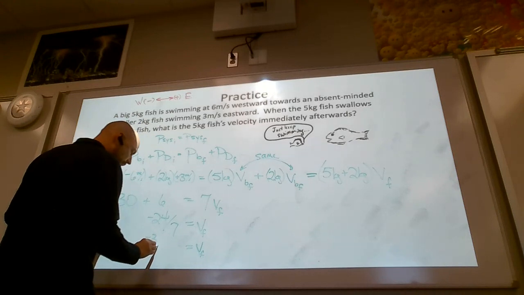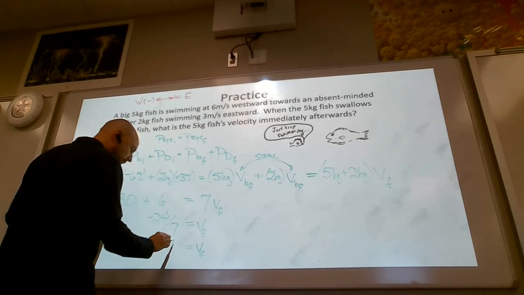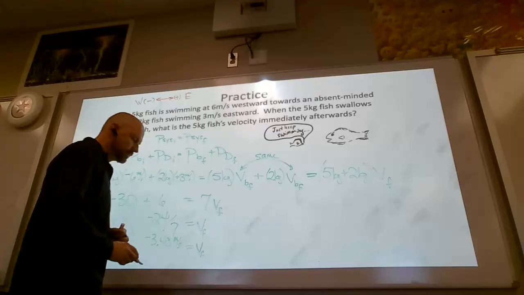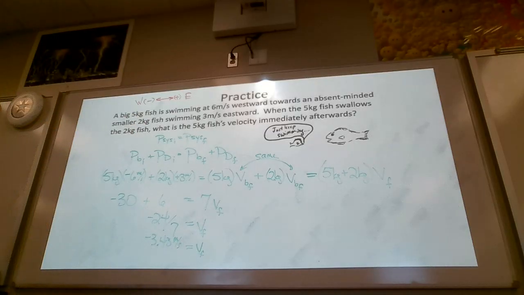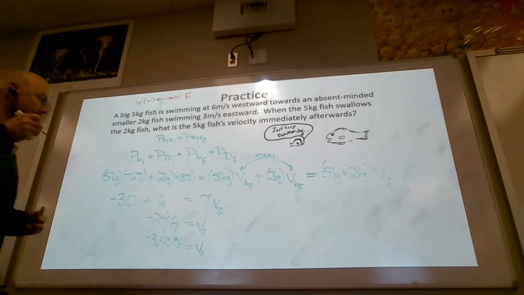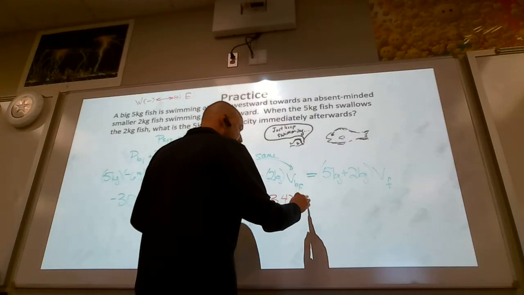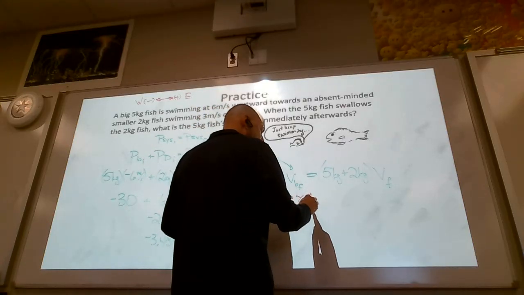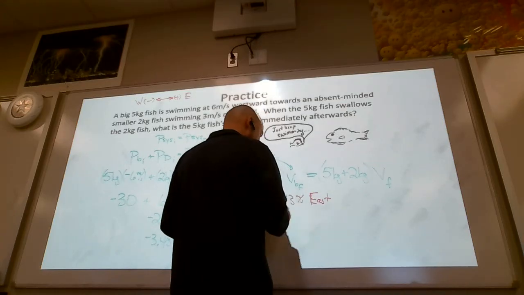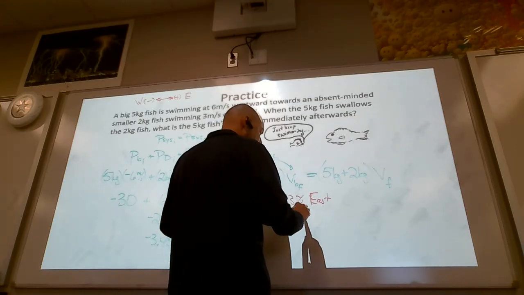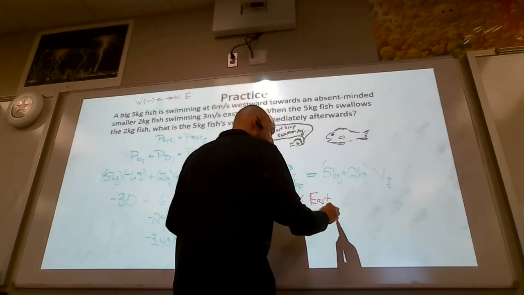You get a negative 3.43 meters per second. So the answers on your multiple choice test are going to be 3.43 meters per second east, 3.43 meters per second west.